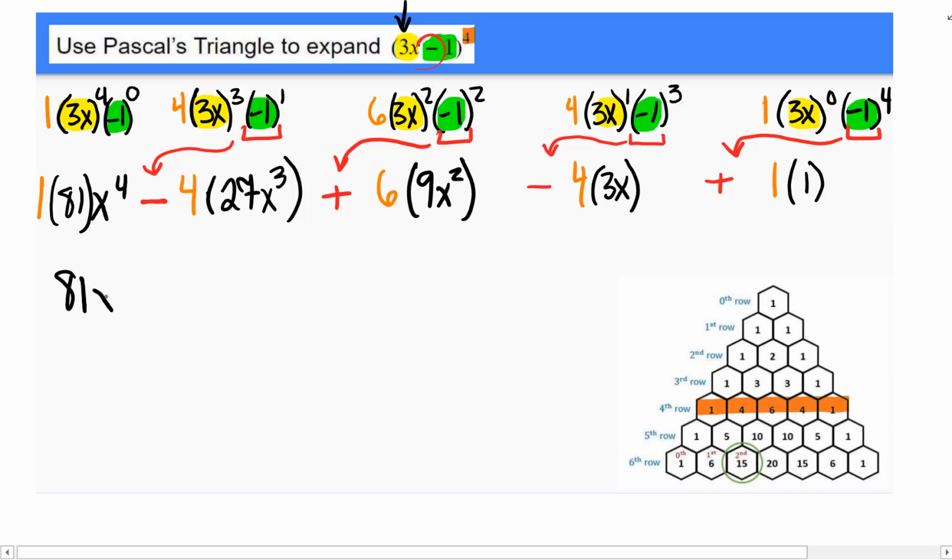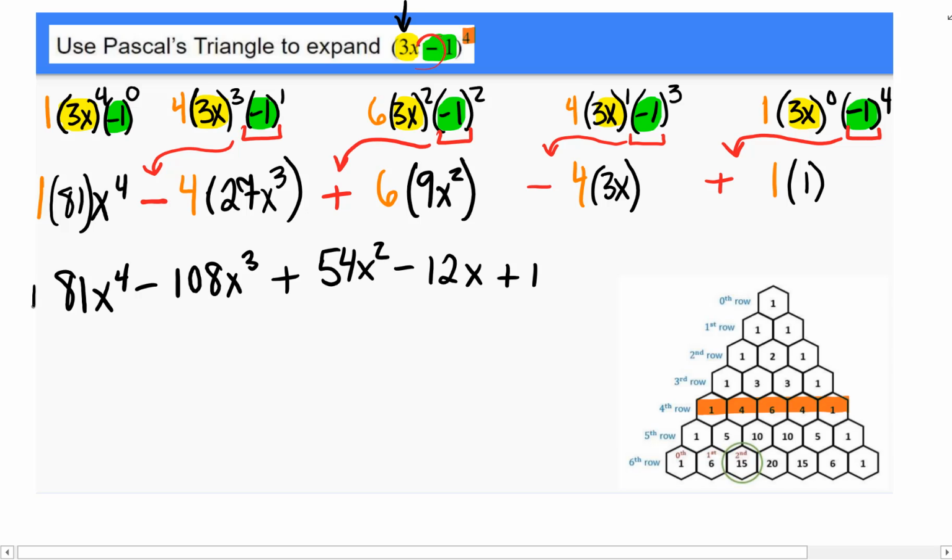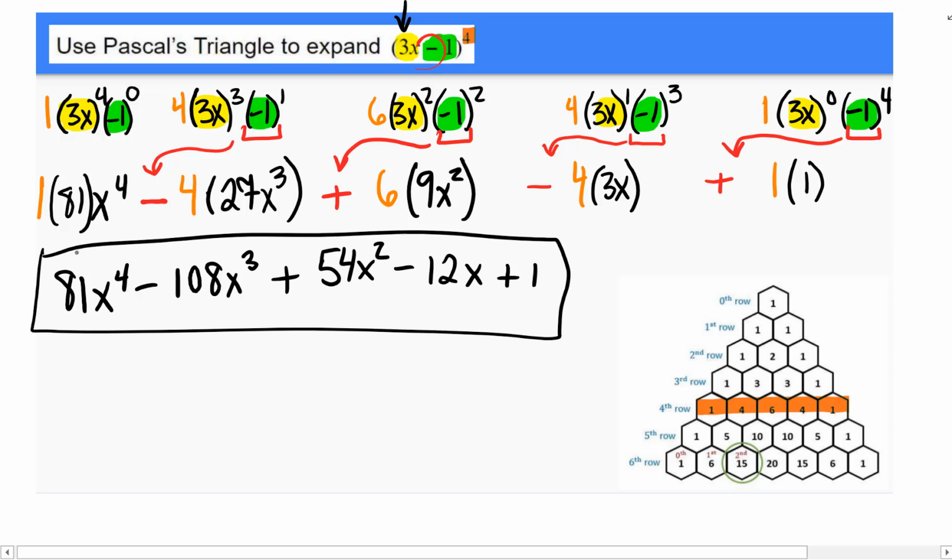All right, that last step will be 81x to the fourth, minus 108x cubed plus 54x squared minus 12x plus 1. We had a minus inside of the binomial, which means the signs are alternating: plus, minus, plus, minus, plus. And this is the resulting expansion for 3x minus 1, quantity to the fourth power.